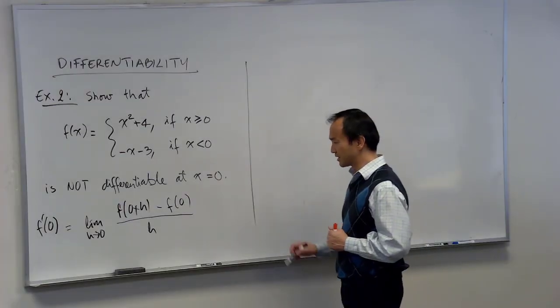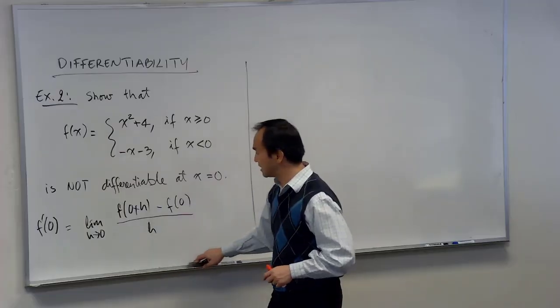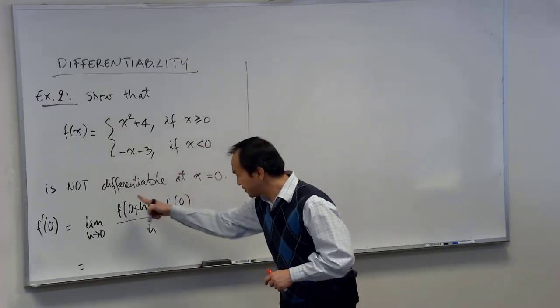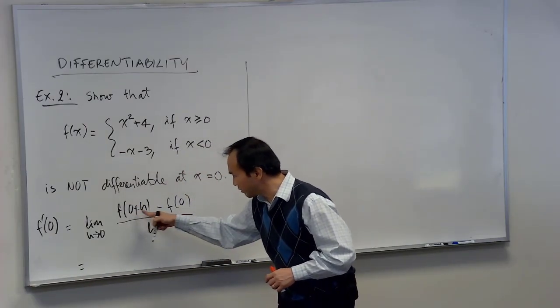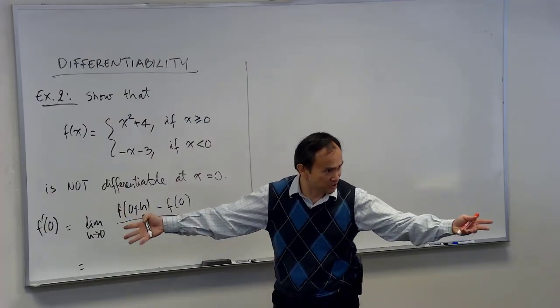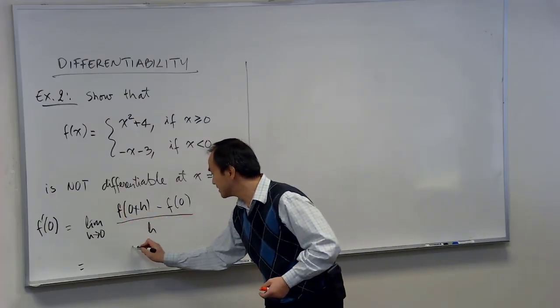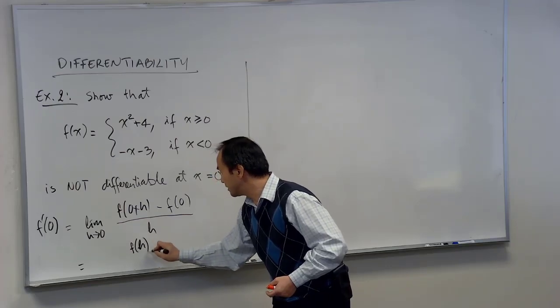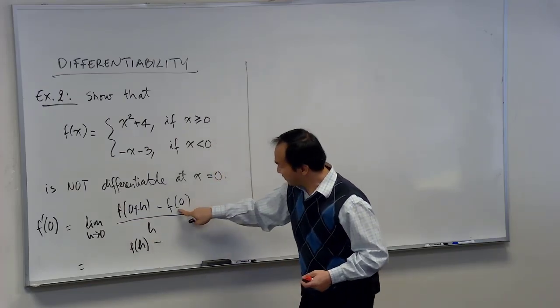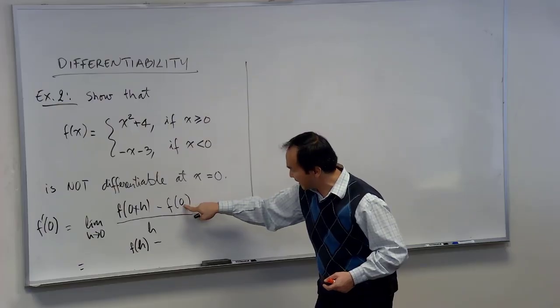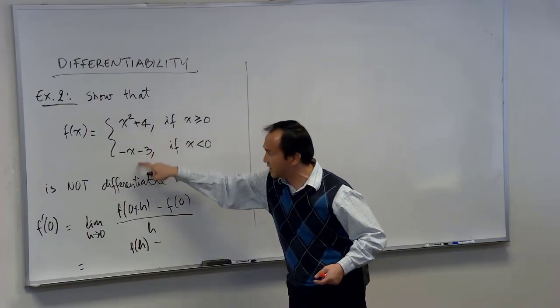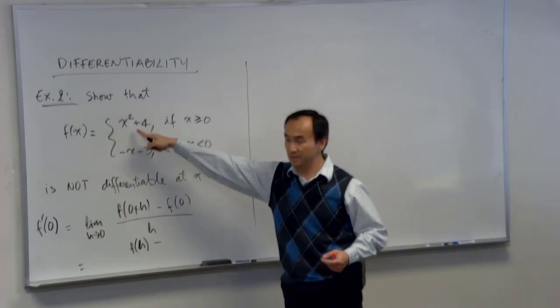Before I even get into the formula itself, think about 0 plus h, which is easy enough to understand, it's just h. So it's f of h minus f of 0. Now when x equals 0, which piece are we using? It's the piece right here.